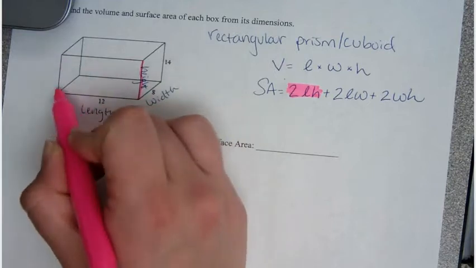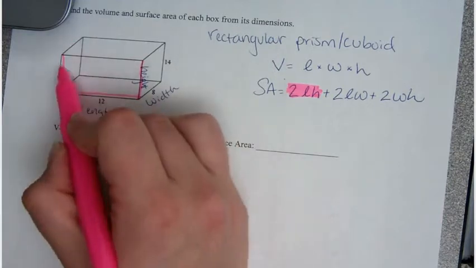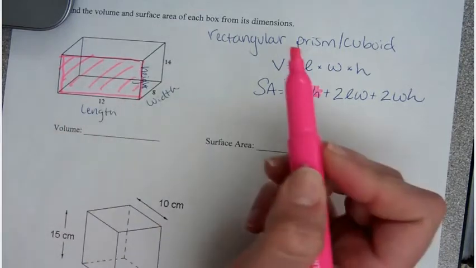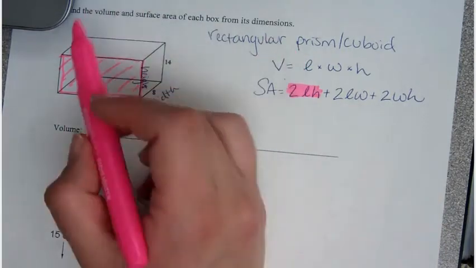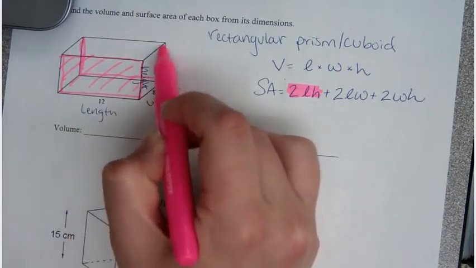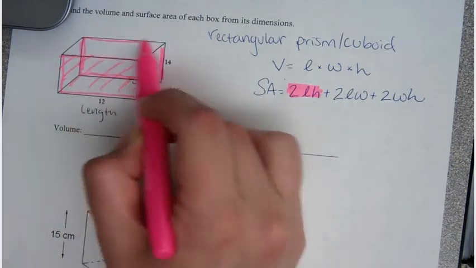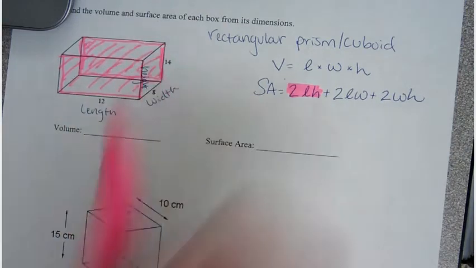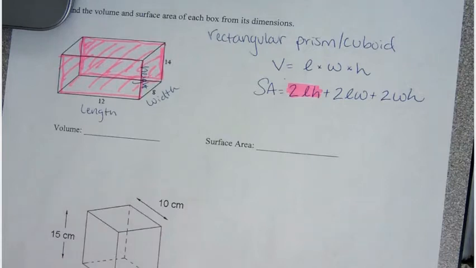We have height, we have length. Okay. So that's this side right here. Then we have another one that's going to be just like that, and that's the one back here. Its height and then its length are the two dimensions of that side. Okay, so those are the two sides that correspond there.